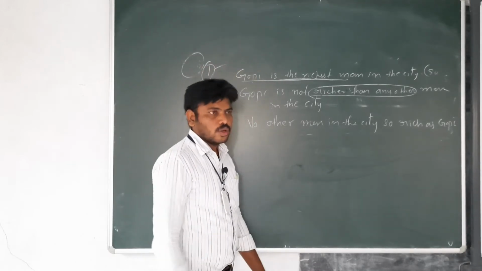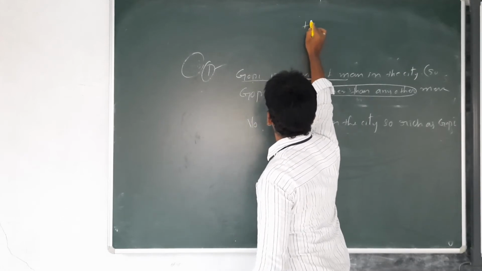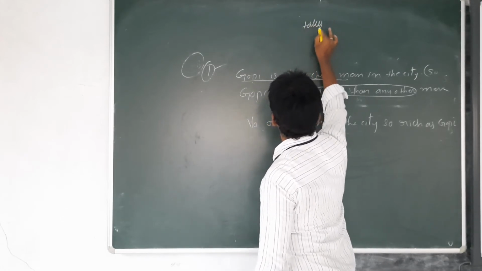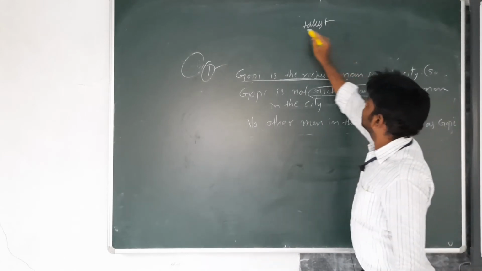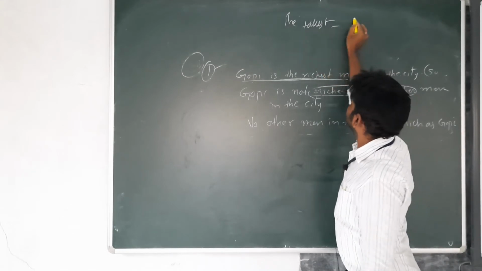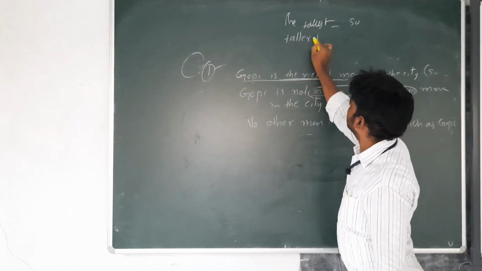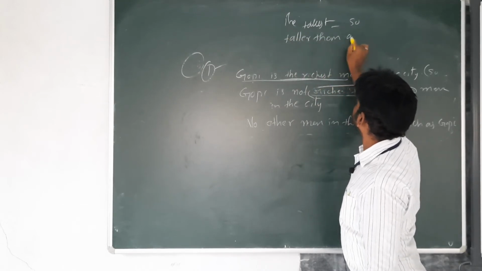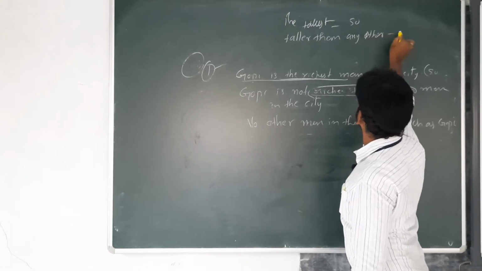First type. So here I am writing again: the tallest, this is superlative. Next one, taller than any other, this is comparative.